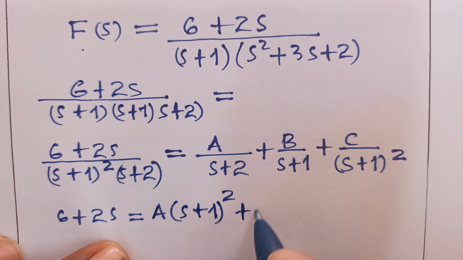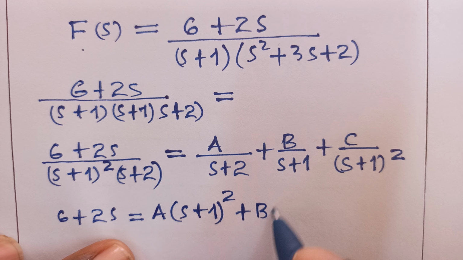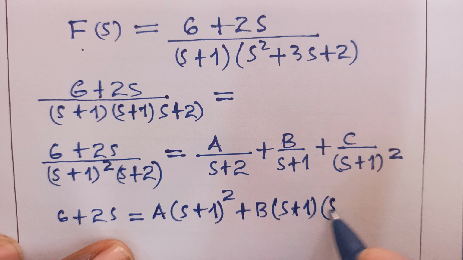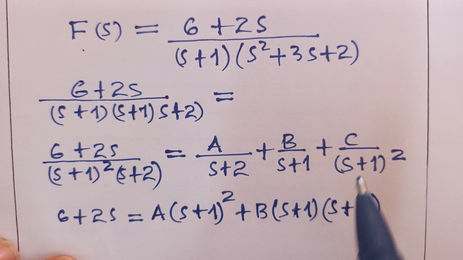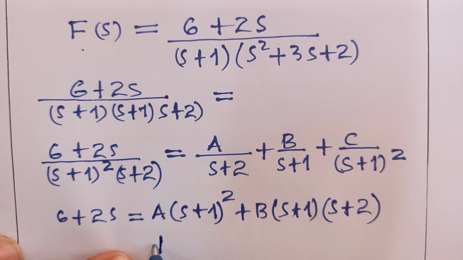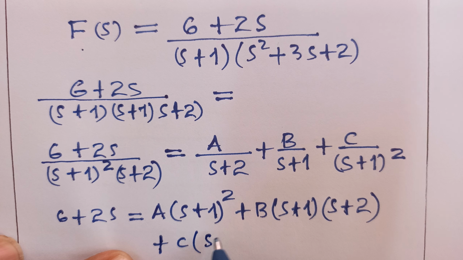Now plus B, divide the LCM by s plus 1. This now comes to (s plus 1)(s plus 2). And finally, divide the LCM by the denominator of C. This comes to plus C(s plus 2).